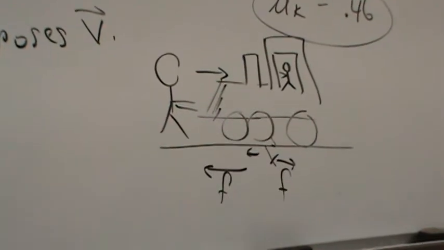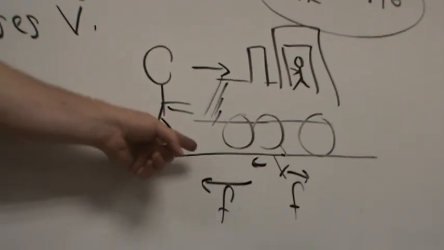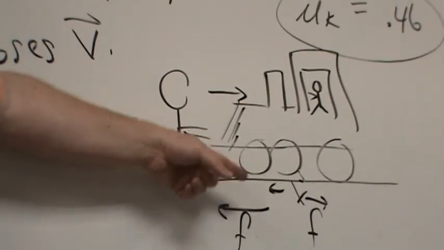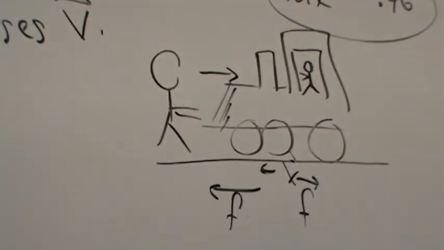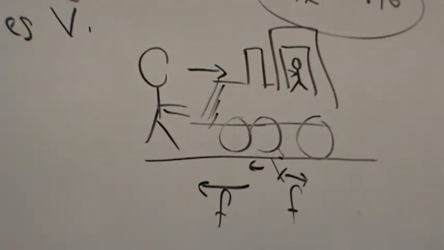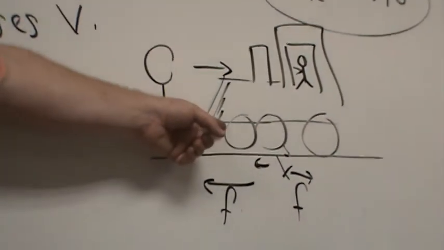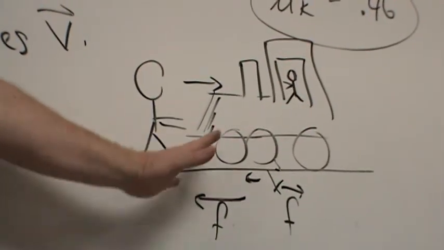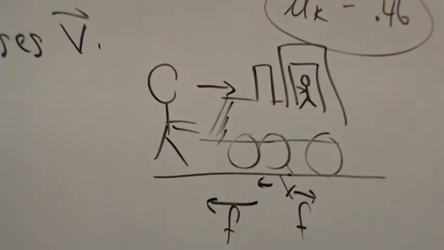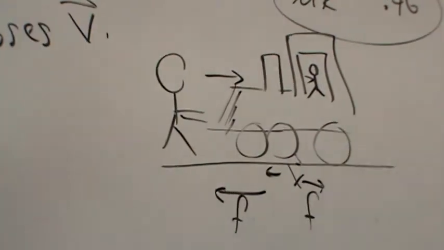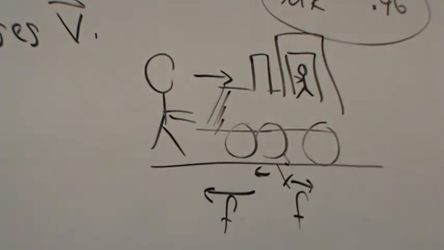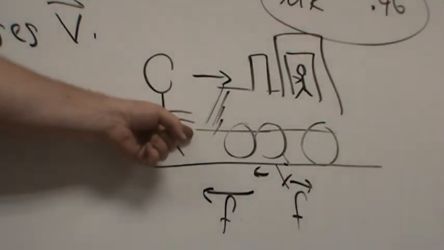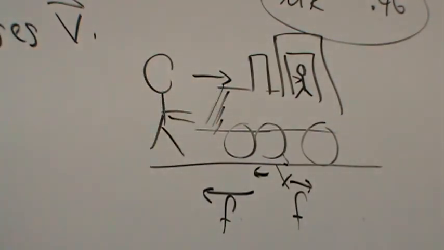Well, let's have a vote. How many people say the kinetic friction between the wheels and the track is going to oppose me, my force? How many people say it's going to oppose the direction of motion of the train? Okay, good. So you guys have good intuition about this. Once something's in motion, we don't care what forces are acting on it. I could have 50 men pushing on the train as it moves to the left.